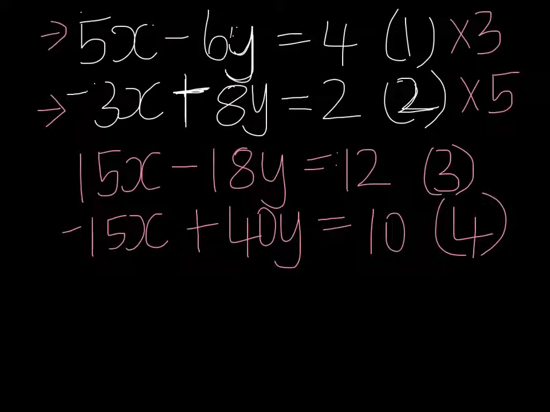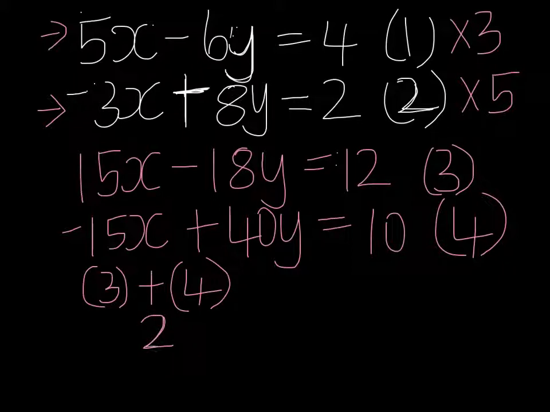Now in order to eliminate these, because we've got 15x in the third equation and we've got minus 15x in the fourth equation, I'm going to add equation 3 and equation 4. We will end up with 22y equals 22.